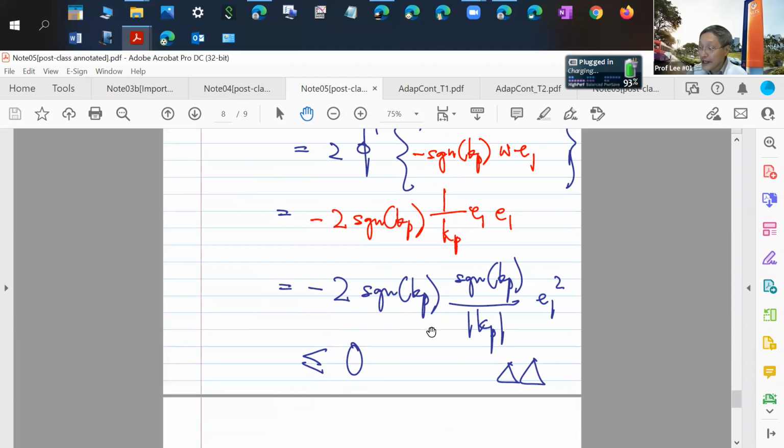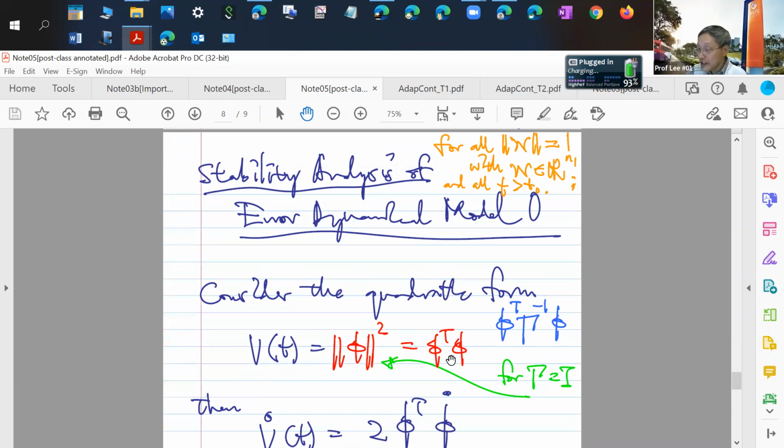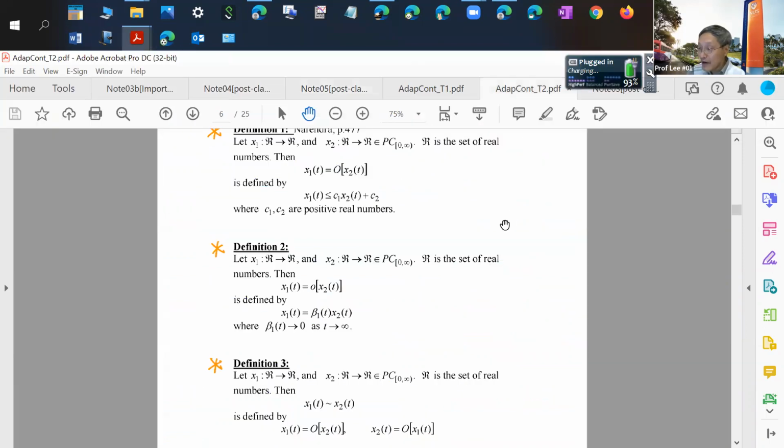So quite expectedly, you will see that actually this is used in the stability analysis of the very, very complicated relative degree greater than 1 case. Except we use them very carefully, cleverly and stage by stage.